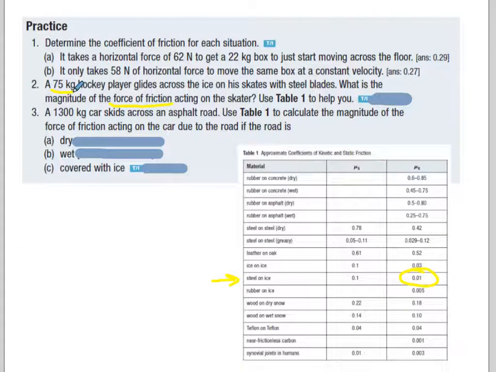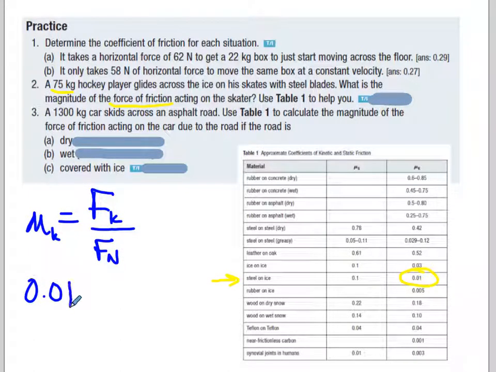So what is the magnitude of the force of friction? We know it's a 75 kilogram hockey player, so if we do this relatively quickly, we would have mu equals force of kinetic friction, make this a K, over my normal force. So I know this is 0.01. My force of kinetic friction is what we're looking for, and my normal force, again, the hockey player is assumed to not be moving up into the air, so there's no vertical.